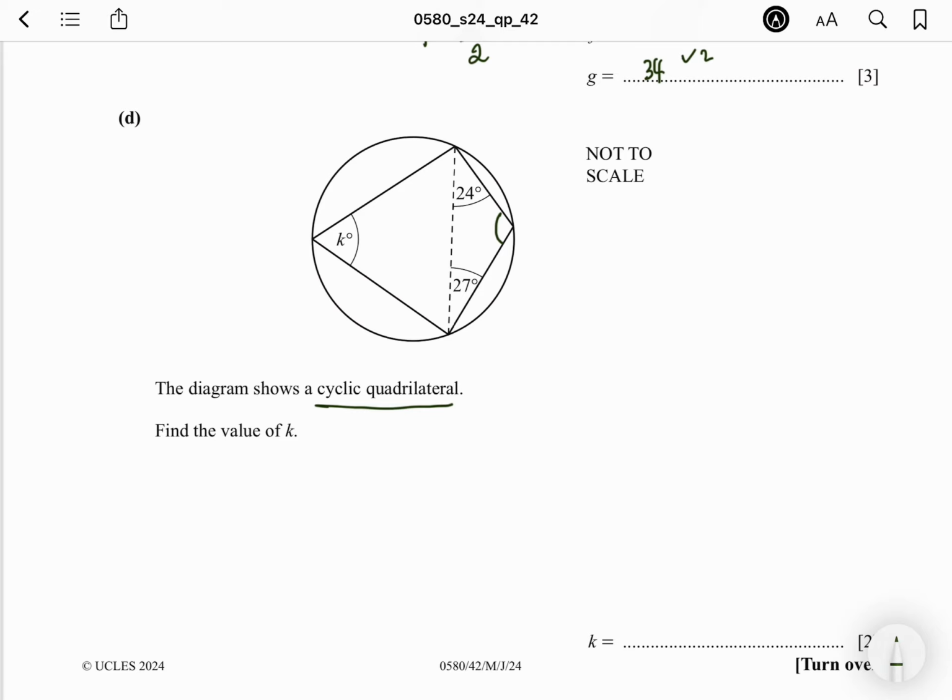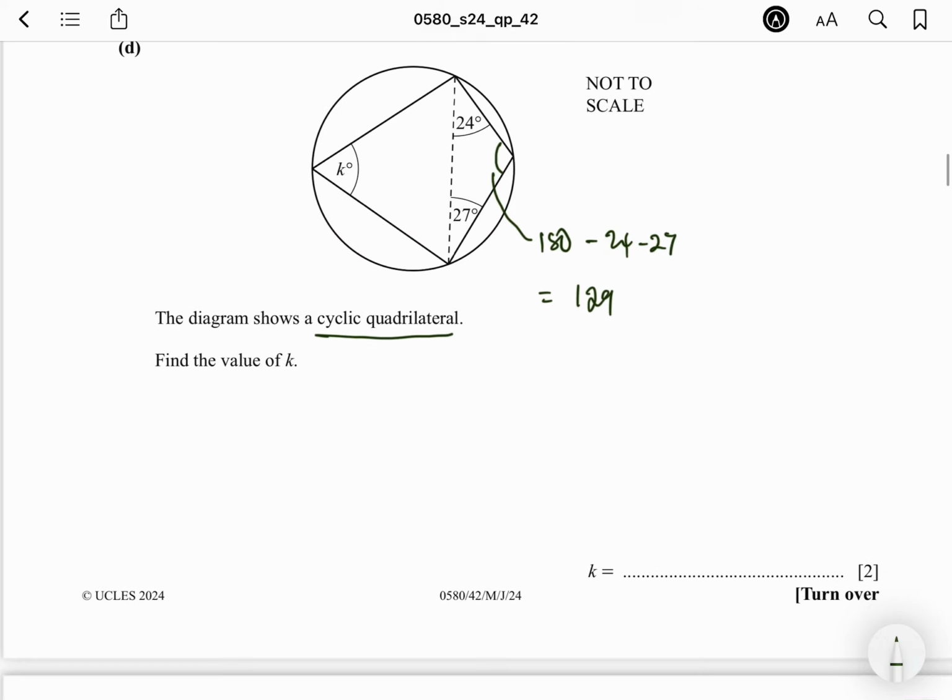Can we find that? Yes, this one you can find by 180 minus 24 minus 27 equals to, kalau kamu dapat 129, satu markah. Okay, that means for K, that's 180 minus 129, which is equals to 51.